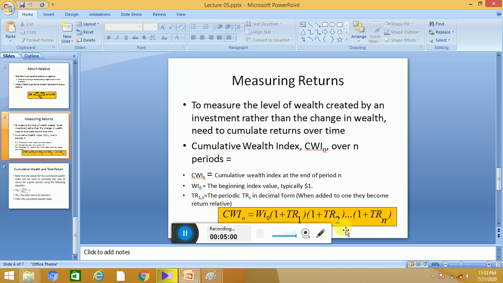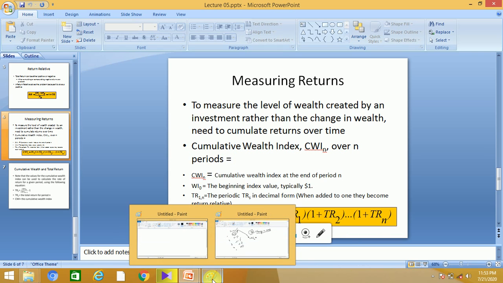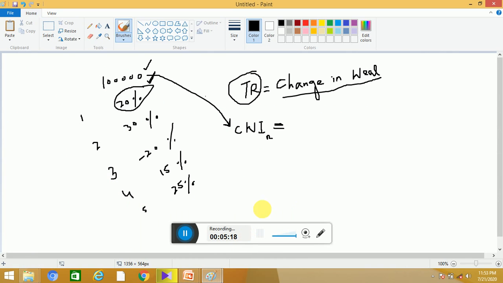So if we calculate this, it will give us complete information about our wealth after n periods of time. It will start with 1 lakh, because our initial investment is 1 lakh.